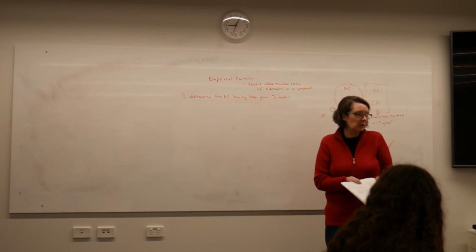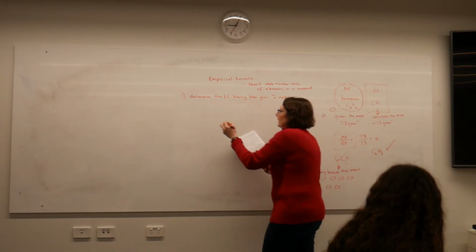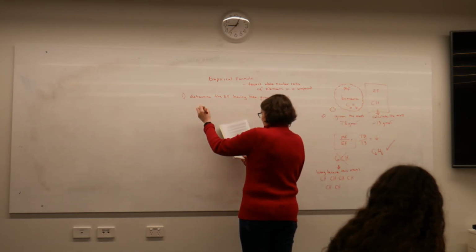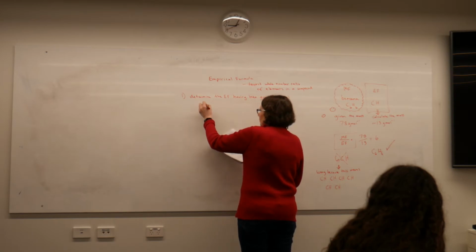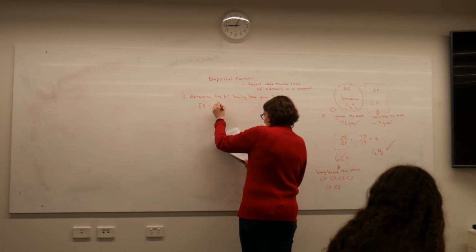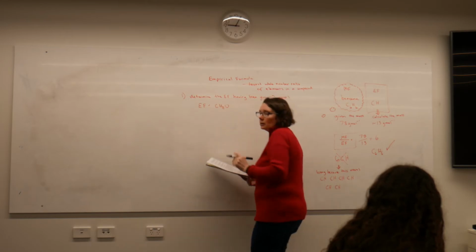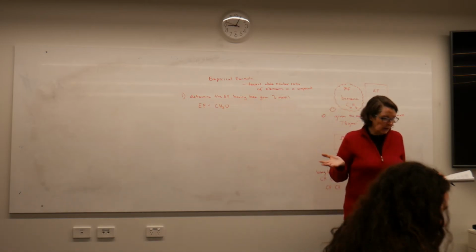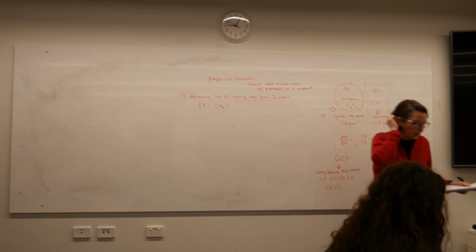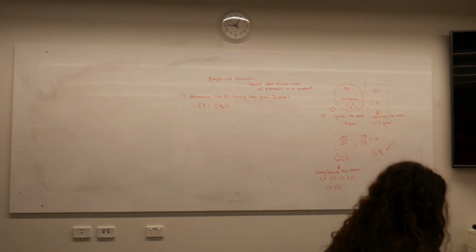And I'm going to just assume that I figured out that my empirical formula was CH2O of this unknown. Okay? Now I just need to quickly do a calculation to work out times 12.